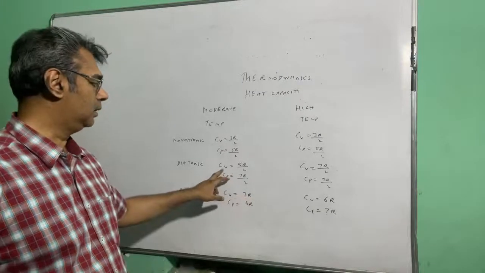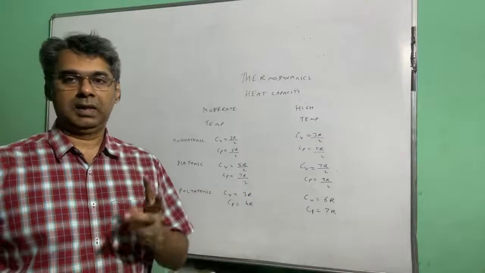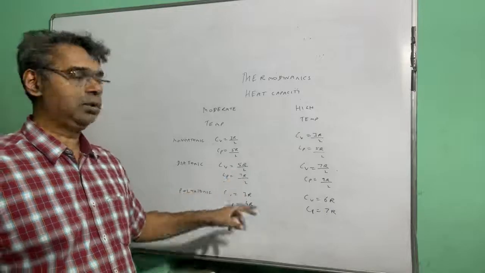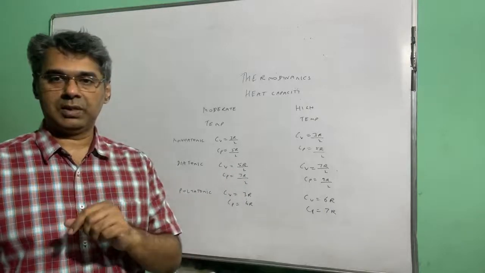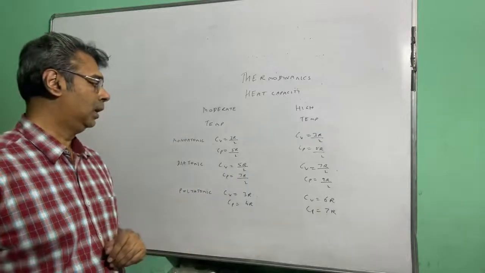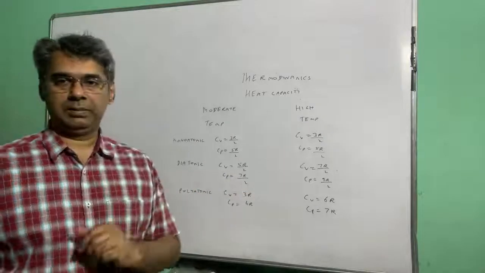For Cv of a diatomic, 3 times R by 2 plus 2 times R by 2 is 5 times R by 2. And Cp is just Cv plus R.